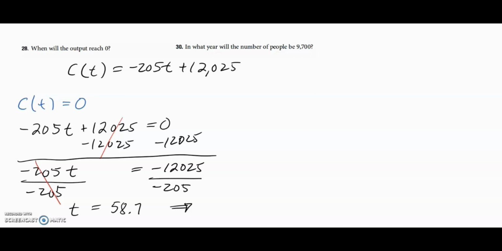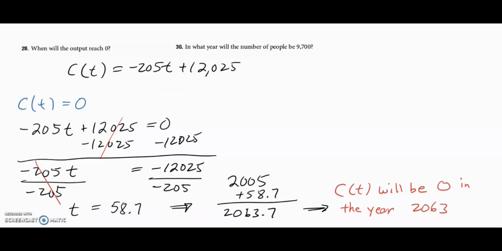Now, we know that we started at 2005, and now I need to add the 58.7 years to figure out when I will actually reach zero. Now, of course, this gives me 2063.7, but really we're going to use 2063 because that's the actual year that we reach. So c of t will be 0 in the year 2063, well beyond our 2010.